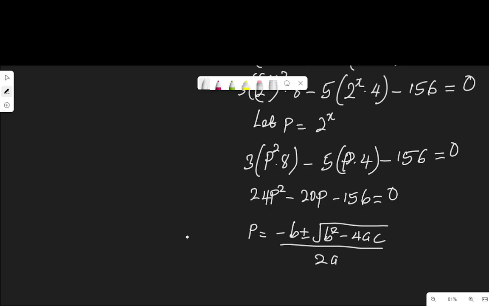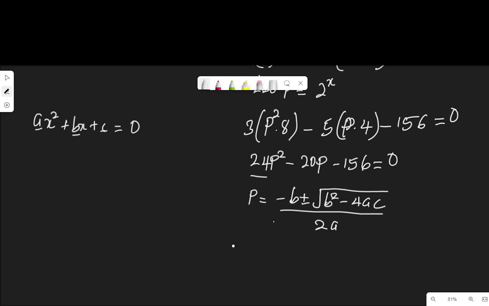For those of you who don't know how to use that, the general quadratic equation is ax squared plus bx plus c equal to 0. If I compare this equation with this equation, a corresponds to 24, b corresponds to negative 20, and c corresponds to negative 156.